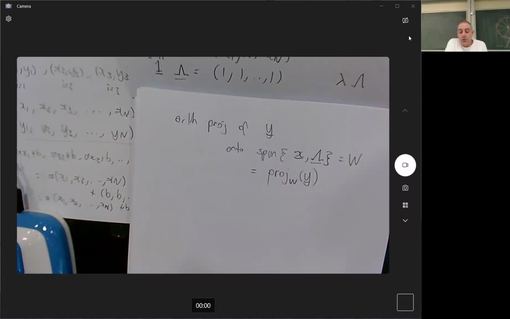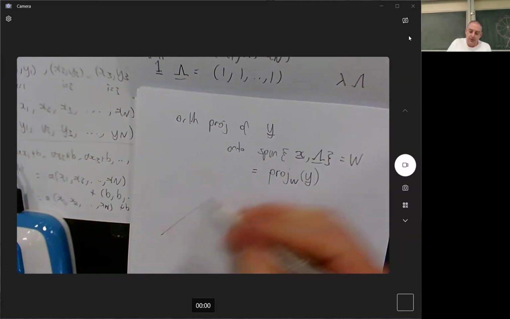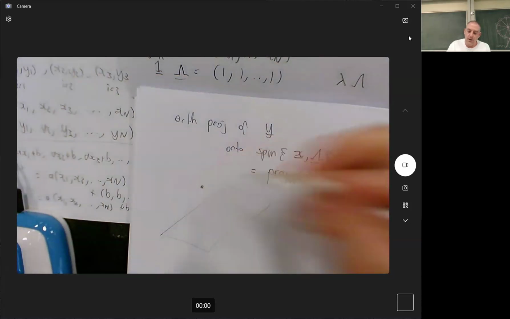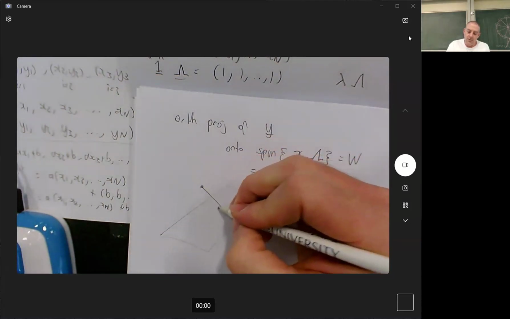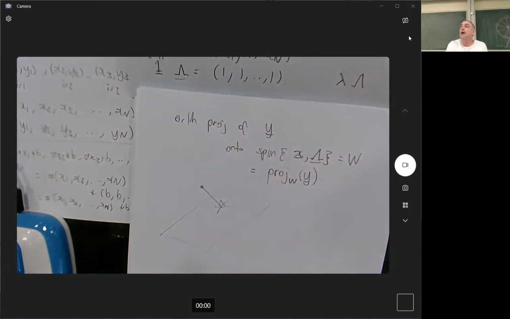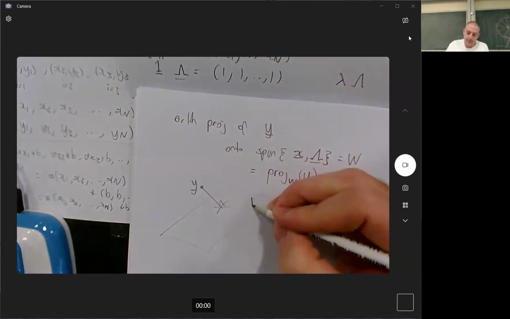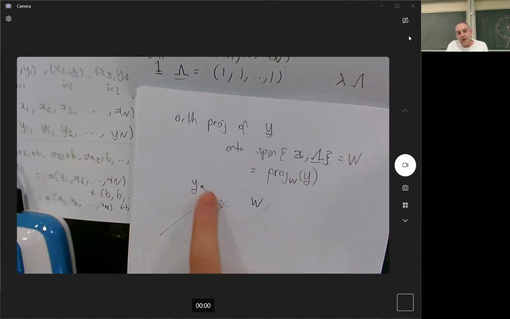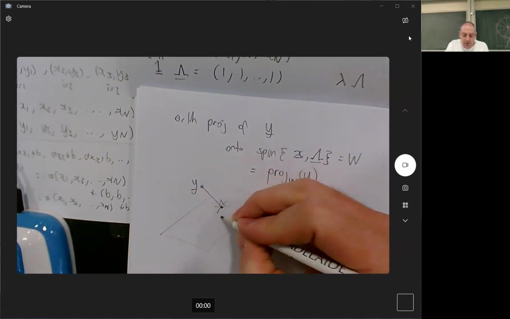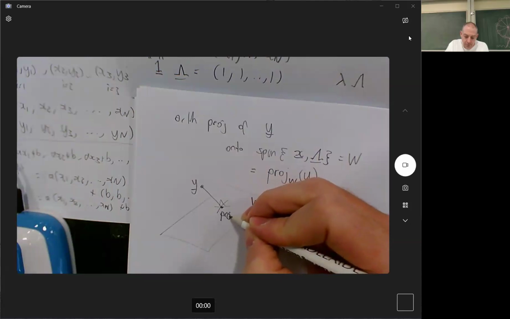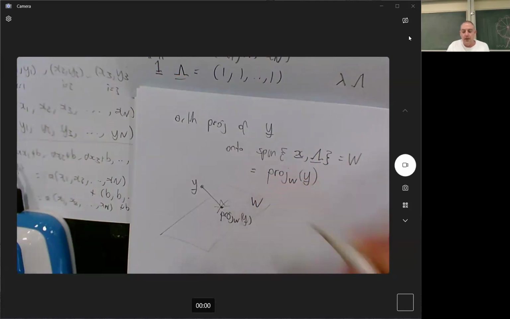And what they did in the course notes is they went, okay, so here's W, which is a plane, and here's Y, and we project Y onto W with the right angle like that. And this point here that's actually on the plane is the projection onto W of Y. And this journey from Y to the projection of Y has to be orthogonal to W, because that's what an orthogonal projection is.